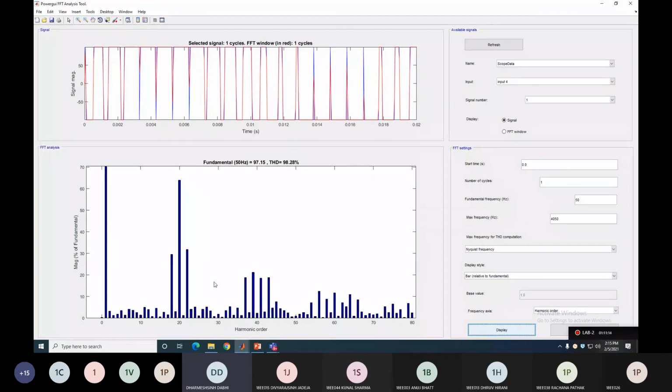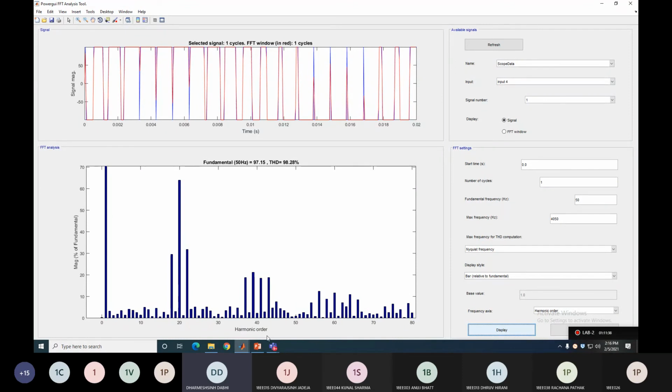Then check here, what is the other dominant harmonic? You can see here the 20th order. The 19th is almost 0, and this is the 18th order harmonic. Second, this is 21 and this is 22. It means here you get the 20, 18 and 22 dominant harmonics.